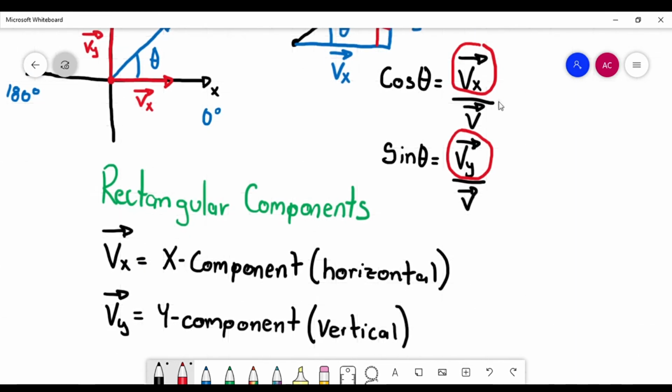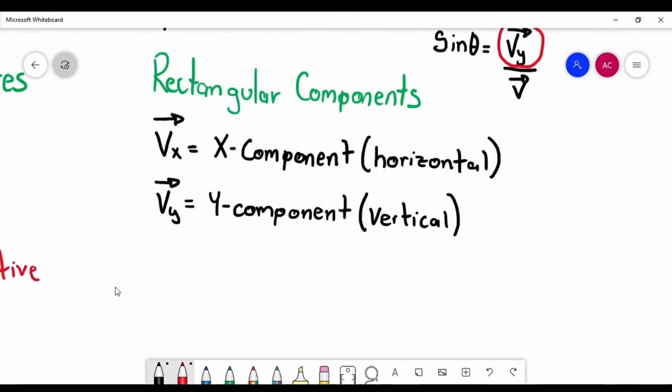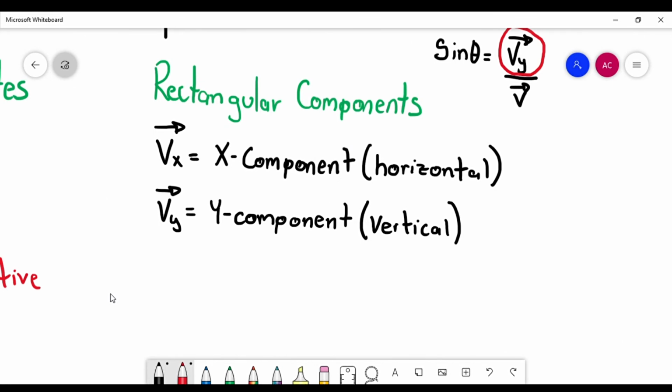So the only thing that I'm going to do is move the vector over here, and I'm going to move it over here. Multiplying, in this case, is dividing, so it goes multiplying, and the same thing happens with this formula. It's dividing, so it goes multiplying. So the formulas that we're going to have: the rectangular component x equals the magnitude of the vector.